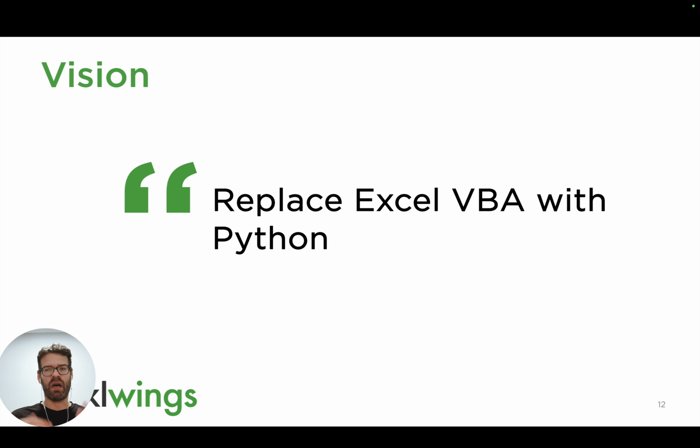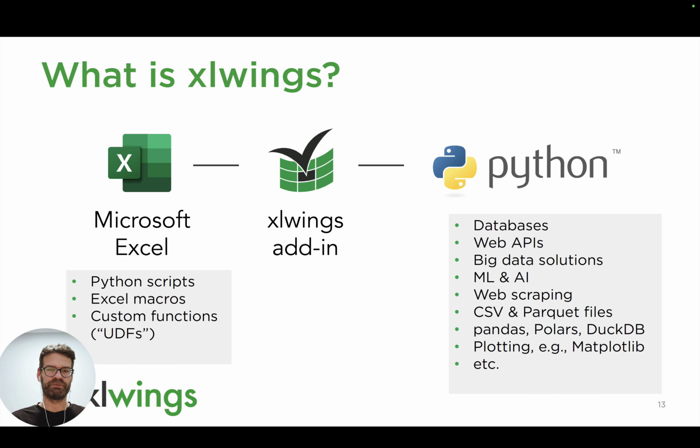VBA has become very, very old. They keep it alive, but they do not invest in the language. So you won't get any new language features. And a couple of things are just very awkward to do, like working with web APIs, working with arrays in general. That's just not what VBA was built for.